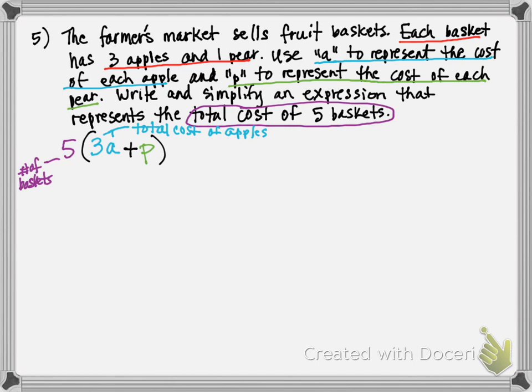And P stands for the total cost of pears. Oops. Helps if I get the right pear, right? And then remember what's inside the parentheses stands for. That's 1 basket.